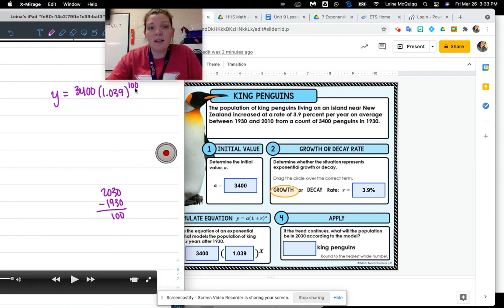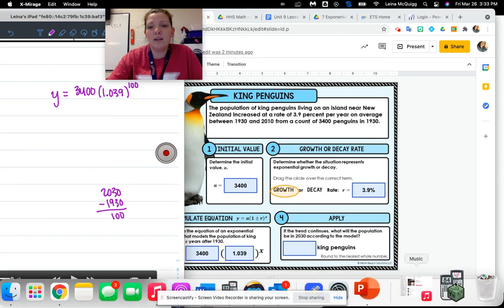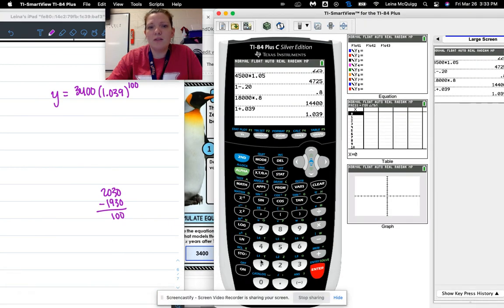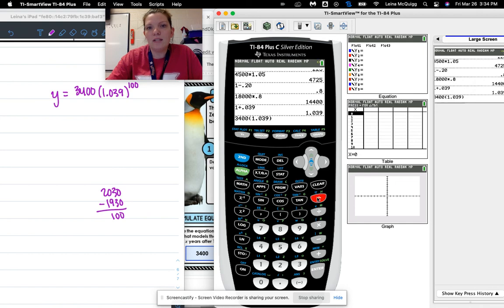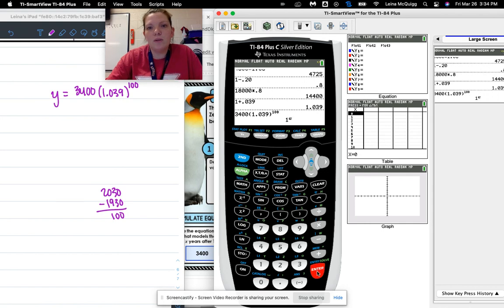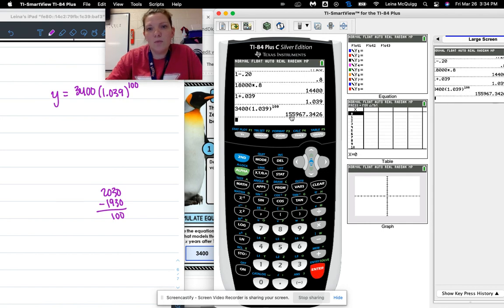Okay, so I'm just going to plug in x. I want to know when x is 100, what does y equal? So on my calculator, I'm going to put this in just like this. 3,400 times 1.039, and we're going to raise that to the power of 100. How many penguins do we have? Let's see, 155,967.